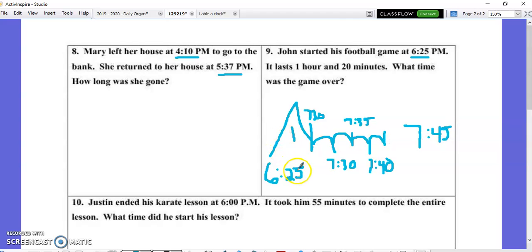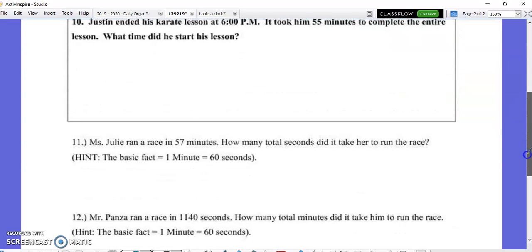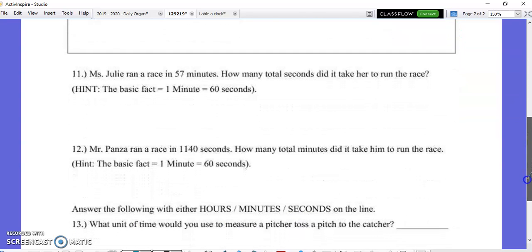So it's still using the mountains, hills, and rocks strategy for number 9, but in this case, they want you to tell them what the finish time was. They want you to do the same exact thing for number 10, and it's just 55 minutes to complete the lesson. At the bottom here, we're doing what are called conversions.